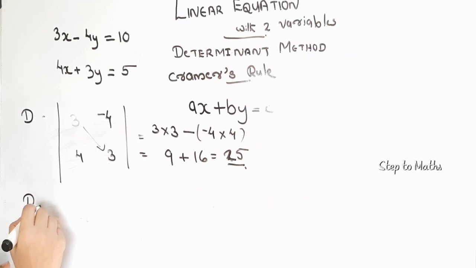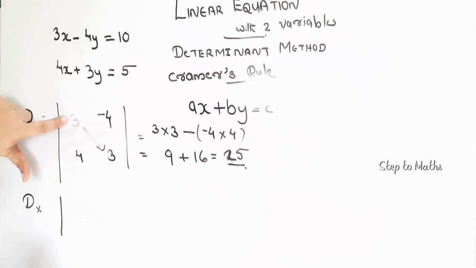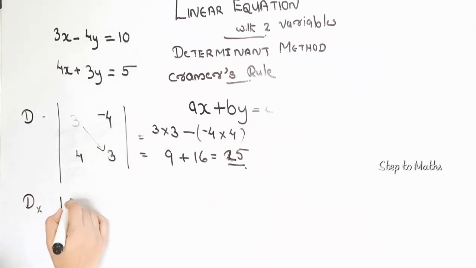Now we have to find the next determinant, dx. How can we find dx? For that we replace the coefficients of x by C1, C2.